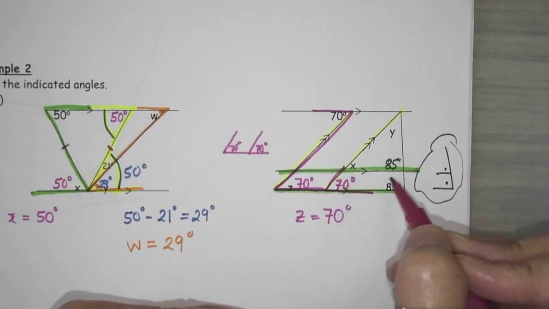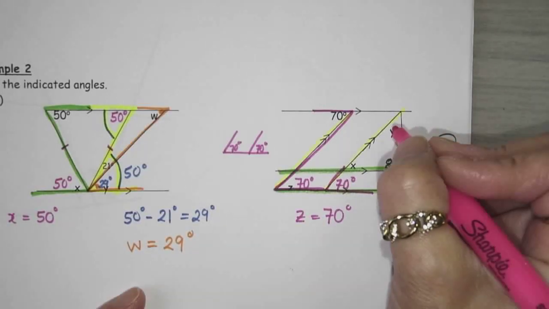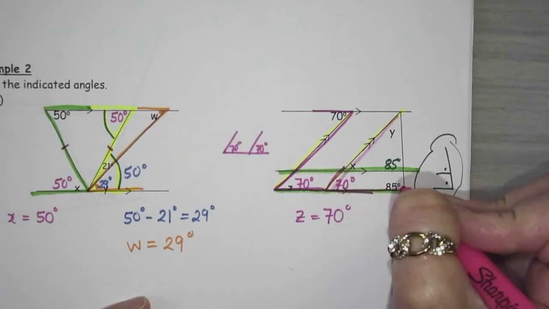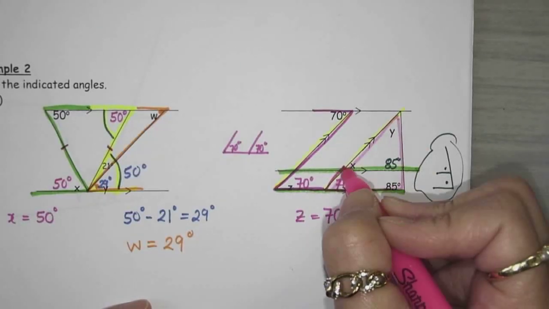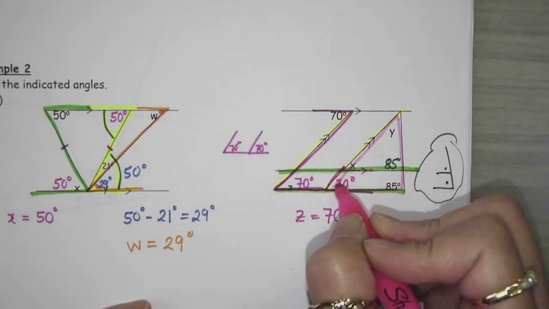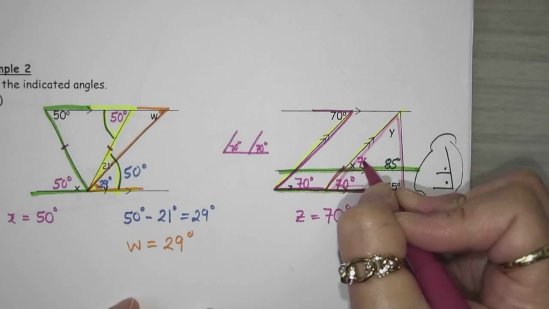Then you can get the whole triangle. So for the whole triangle, that goes from here to here to here. This should also be 70, right? Because we've got the F pattern. So this one here is going to be 70 as well.